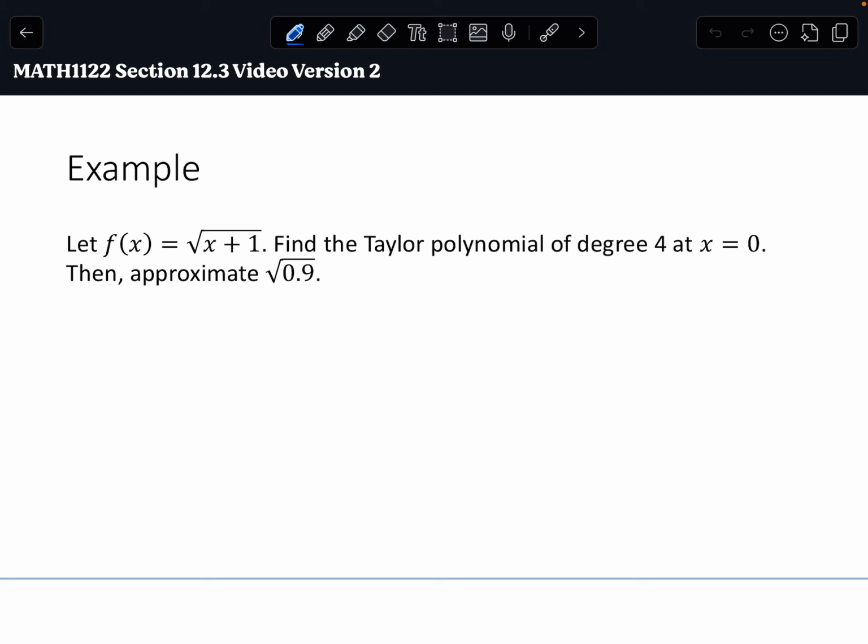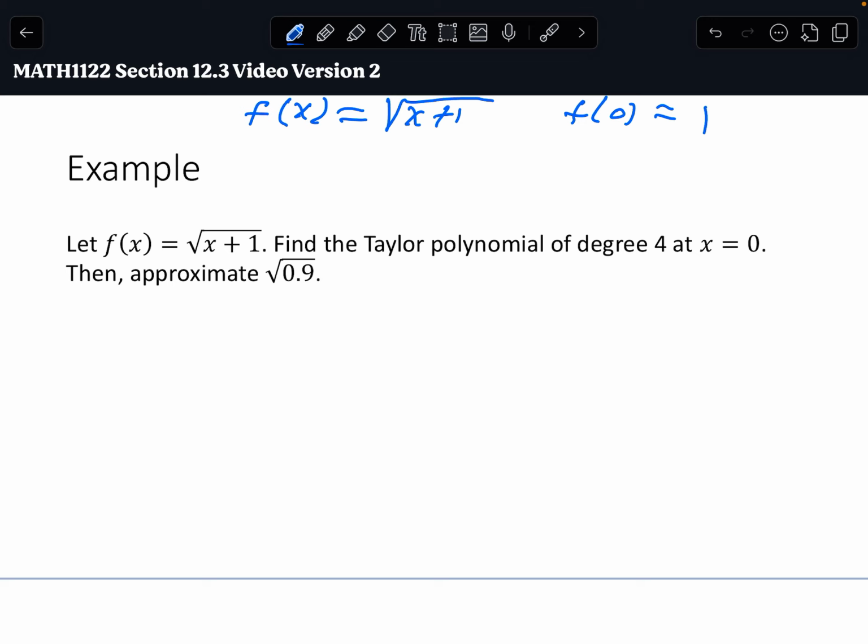So, the actual function for this is the square root of x plus 1, right? So let me just copy that over here. If we pop in 0 for x, f of 0 gives us the square root of just 1. So this gives us a value of 1.